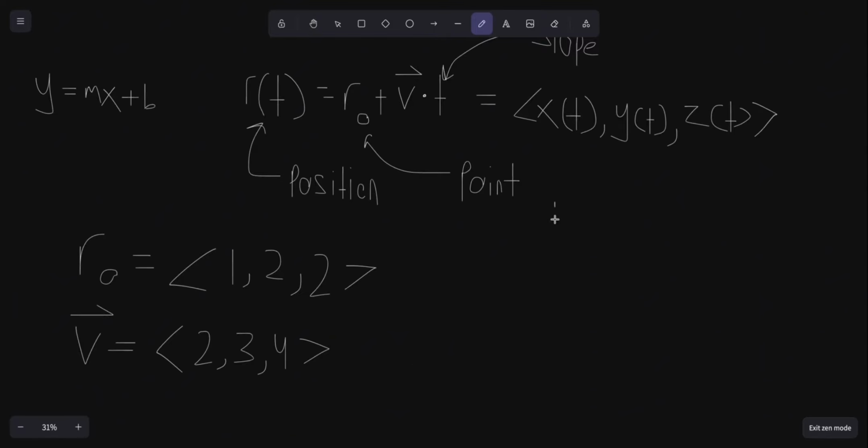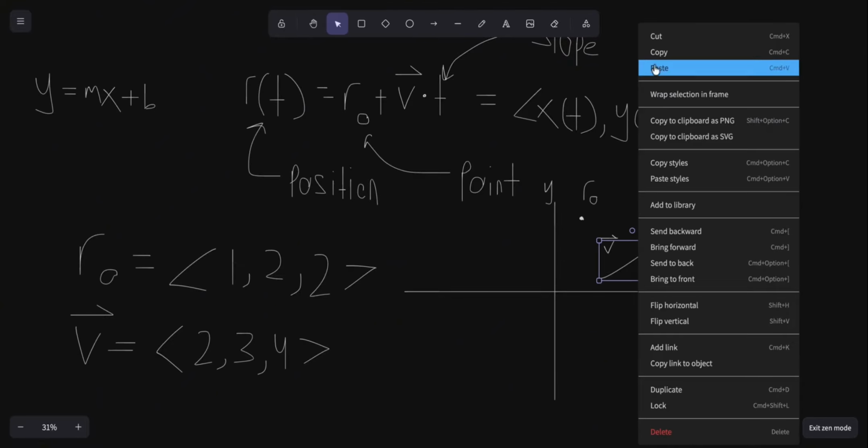Think about it. Let's make this simple, and let's say that we have our x-axis and the y-axis here. Let's say we're given our initial point, which is r sub 0. And then we're given a vector that's parallel to this line. So this is vector v. You can imagine that this line is parallel to this vector v.